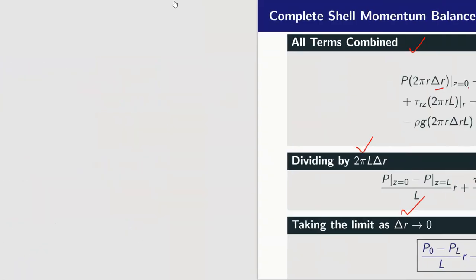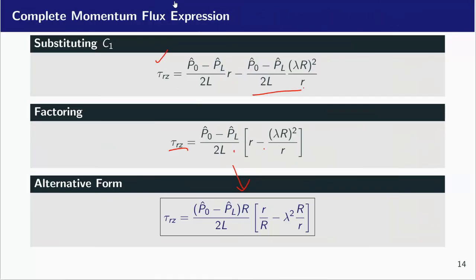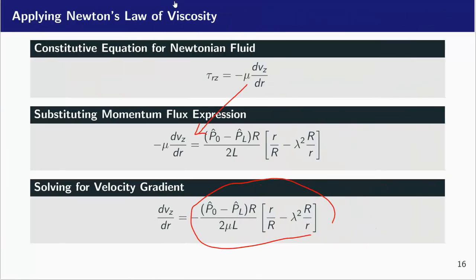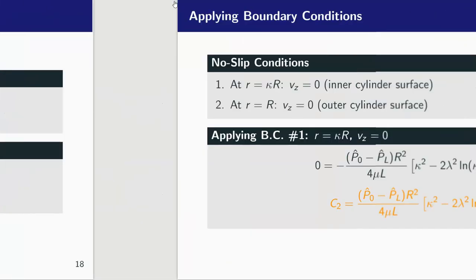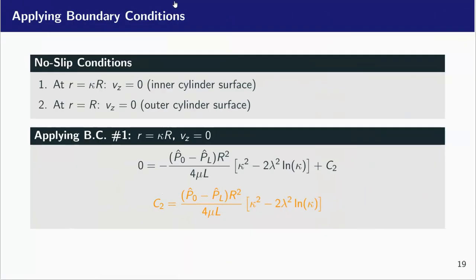So you have to take those two boundary conditions, and from these two boundary conditions we will get two unknowns. Okay, so at r is equal to kappa R, vz is equal to 0, the inner cylinder surface, and another is that r is equal to capital R, vz is equal to 0.